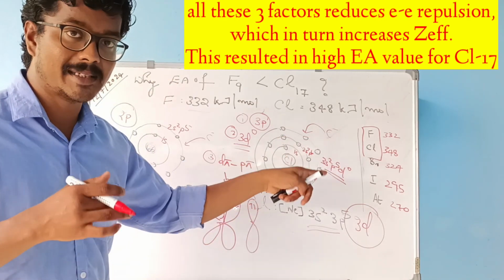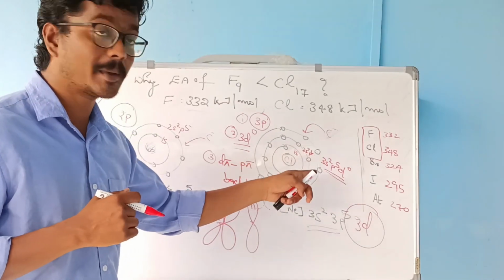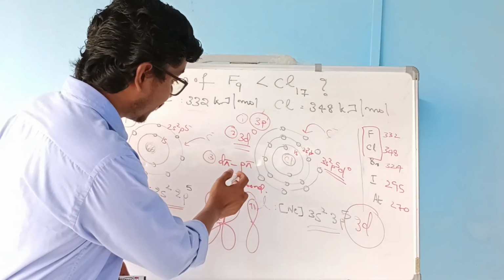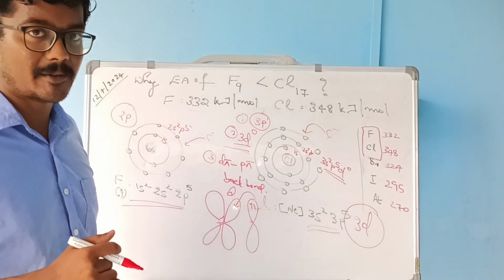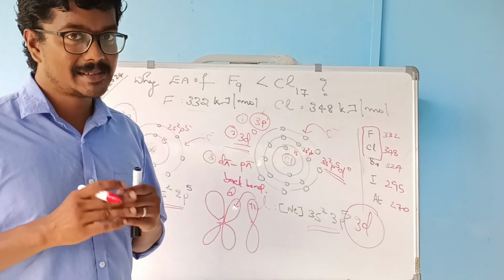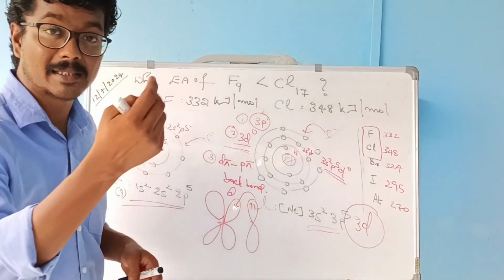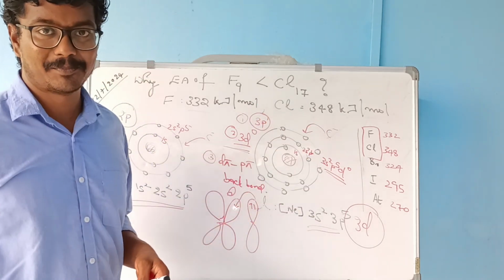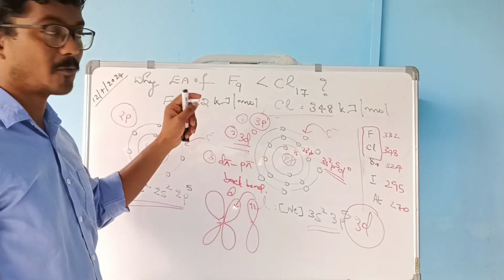This lone pair is the reason why the incoming electron feels repulsion. But this lone pair of electrons also has space to move on. So that is called dπ-pπ bonding. Due to the presence of the d sublevel, enough space is available to occupy the incoming electron, and due to the heavier size, this is the reason how the nucleus of chlorine has enough attraction to pull the incoming electron to occupy any of the spaces. This is the reason why chlorine possesses higher electron affinity than fluorine.